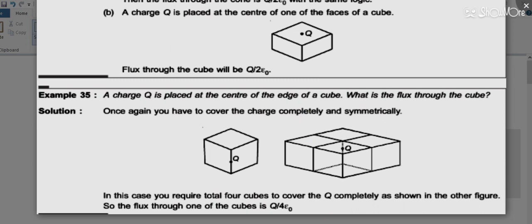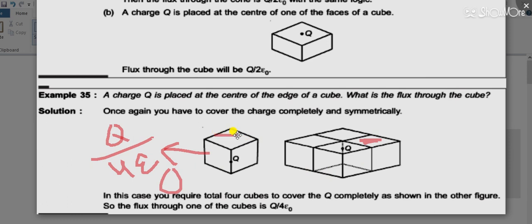Students, please note down, if you understand the concept that the flux linked with this cube is q by 4 epsilon naught, then you must know the concept of the flux that is emerging out of any one face. So the flux coming out of one face will be q by 16, as I said earlier.